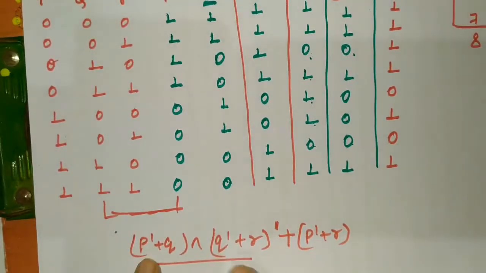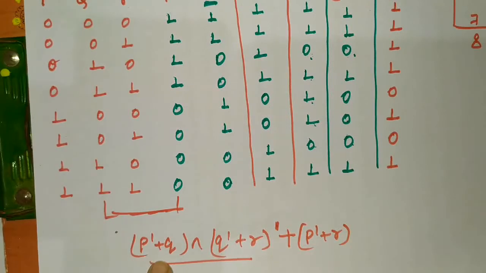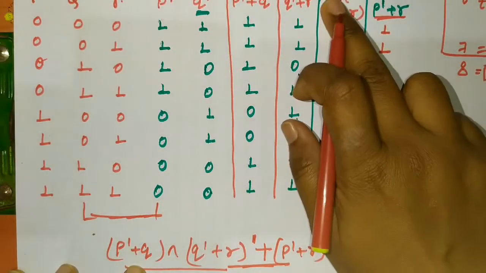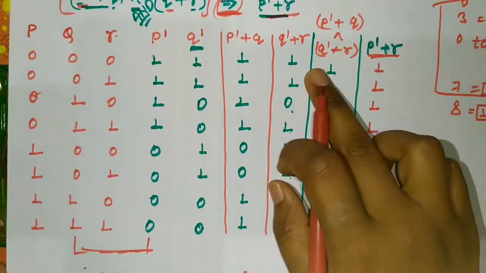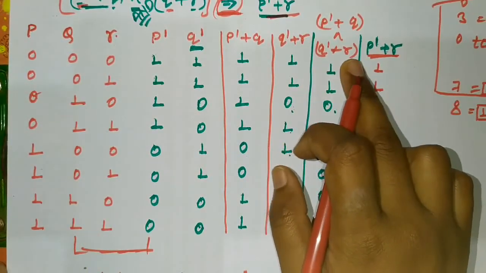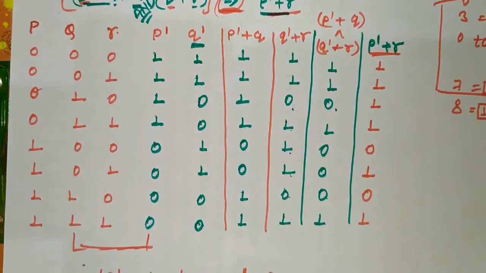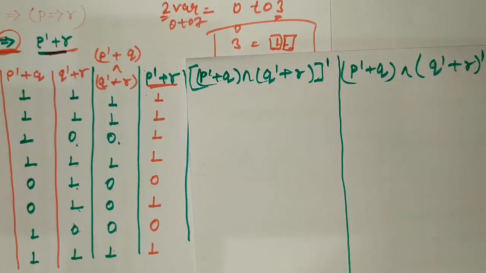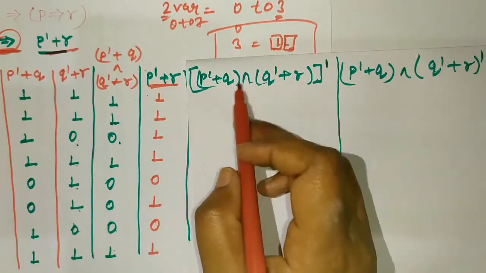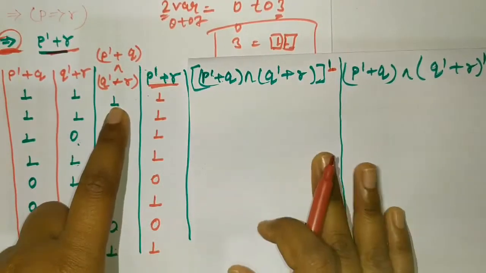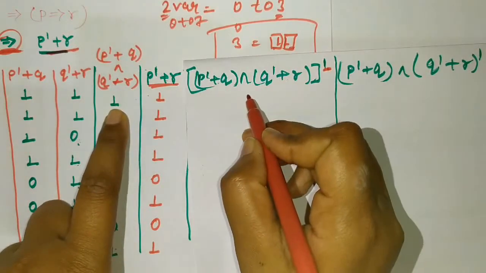So next we have to find this output. Here we have already found P dash plus Q, Q dash plus R, and P dash plus R. But next, this is the next output. So for solving the question we have to find the dash of this expression. The dash or negation of this expression is the value of 1.